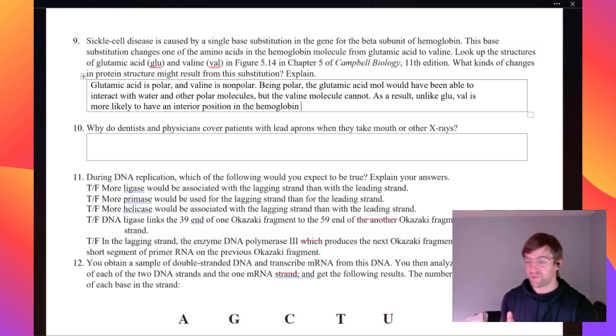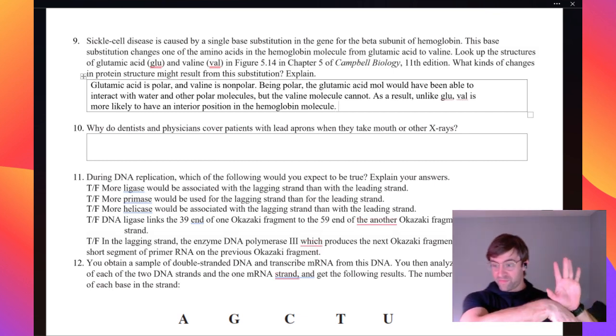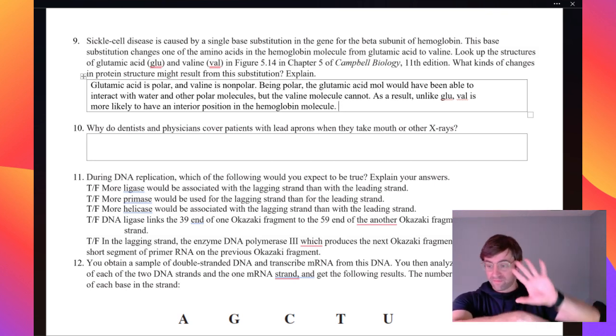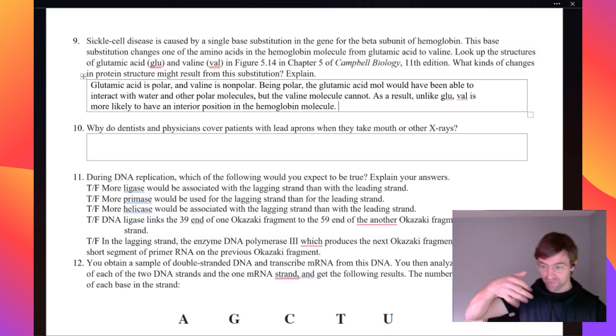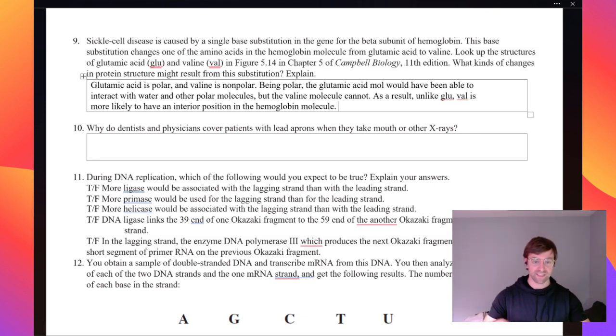Think of your phospholipid bilayers, right? The polar regions, those phosphate heads, face out towards the extracellular fluid and in towards the cytosol. The nonpolar tails, those fatty acid tails, point in towards each other and exclude polar molecules like water.